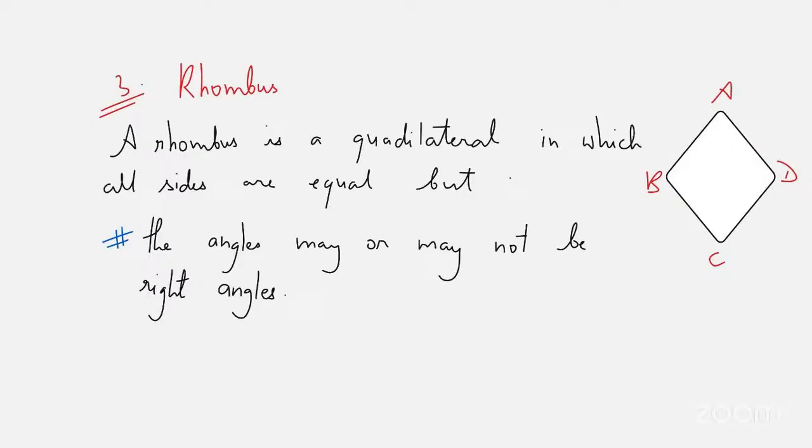Opposite sides of a rhombus are parallel. Diagonals bisect at right angles.